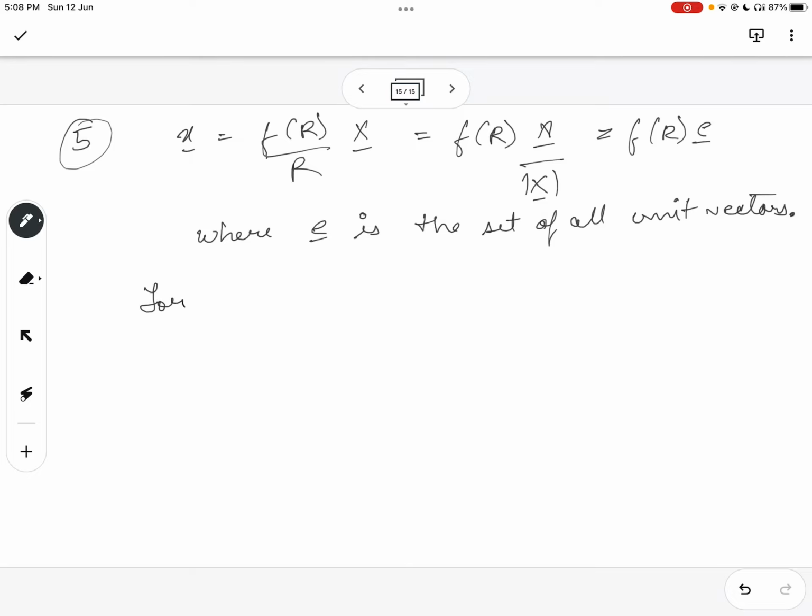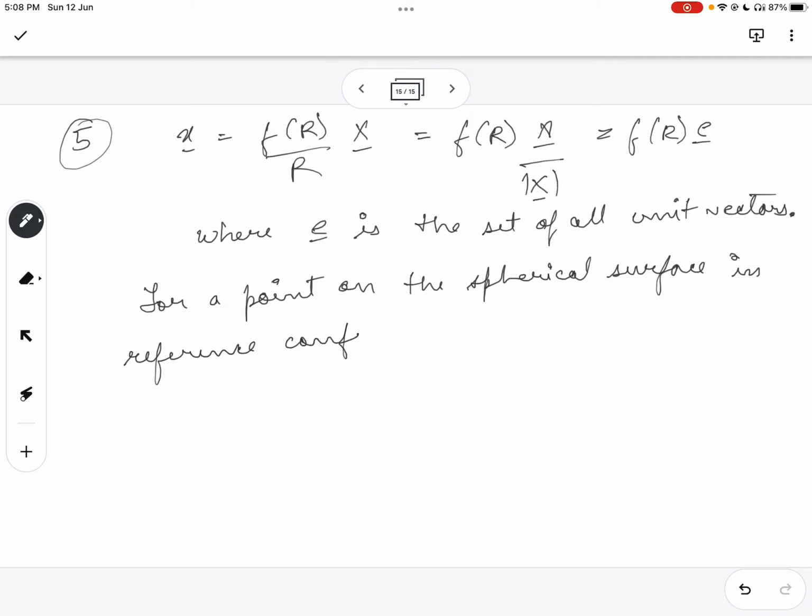So for a point on the spherical surface in the reference configuration, any point can be given as Re, which is Ke, where K is a constant.